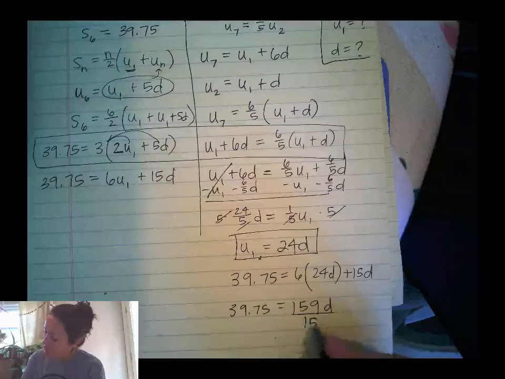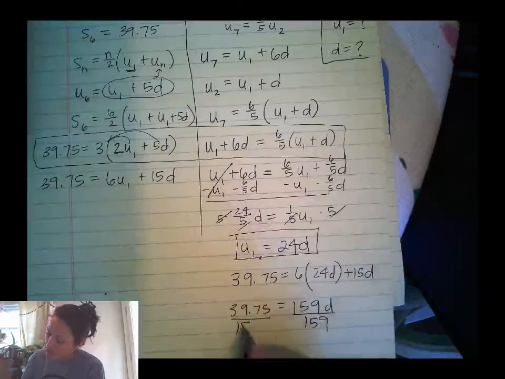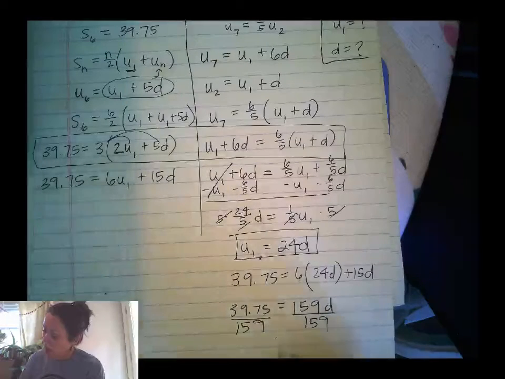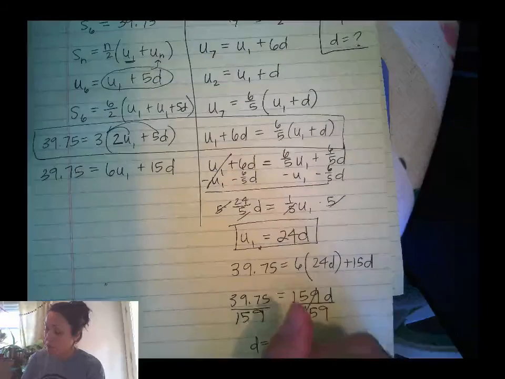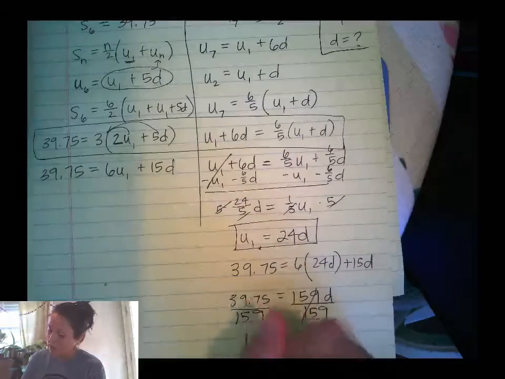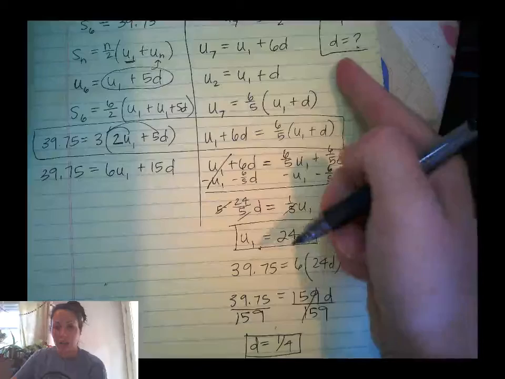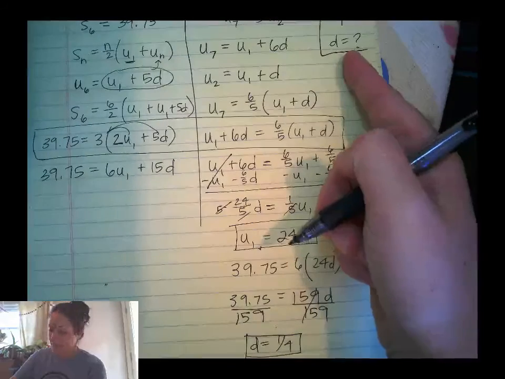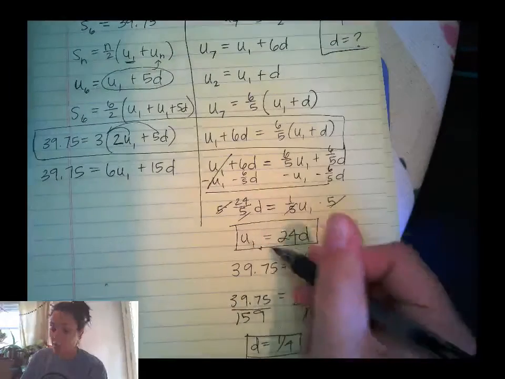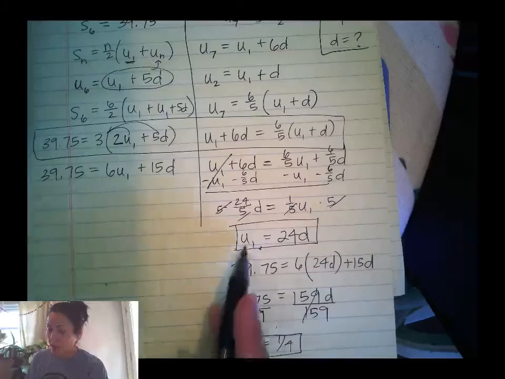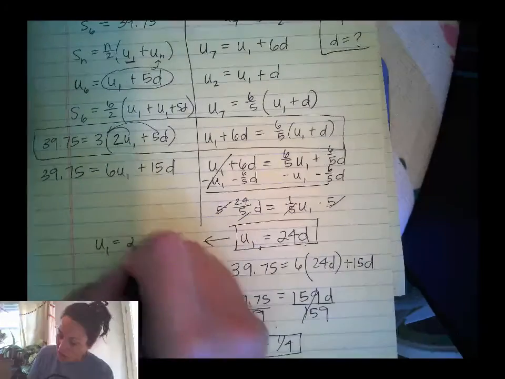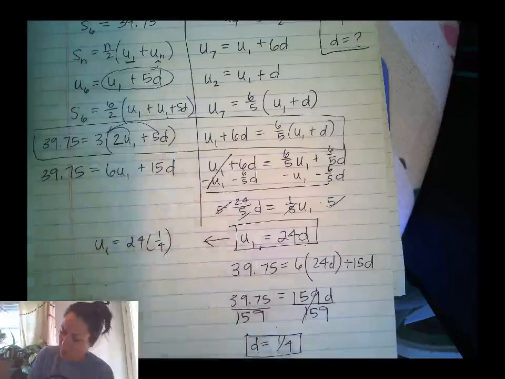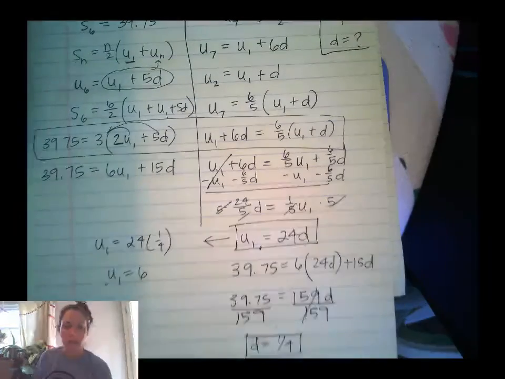Final step to solve for d. Divide both sides. And we end up getting d is equal to 0.25, or 1/4. Great. That was one of the things we needed to know. The other thing we need to know is u sub 1. So if u sub 1 is 24 times d, then u sub 1 is 24 times 1/4, meaning u sub 1 is equal to 6.